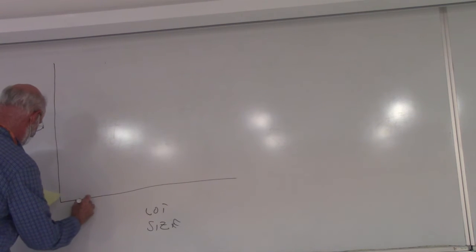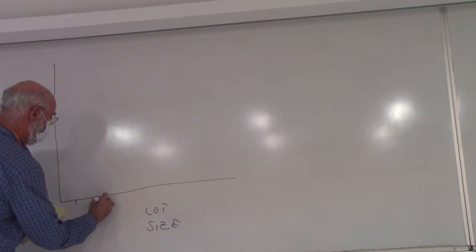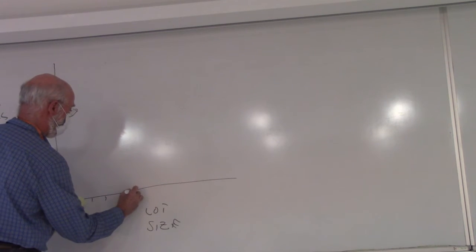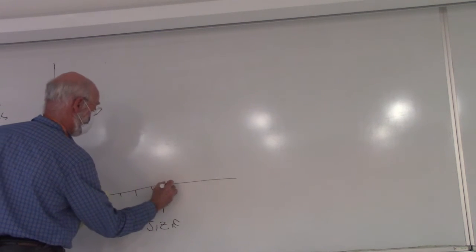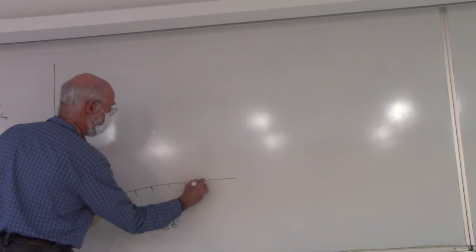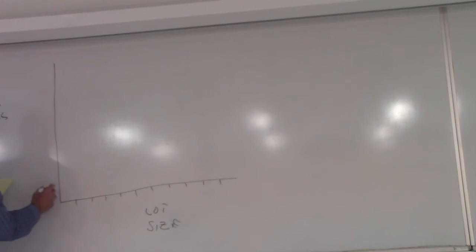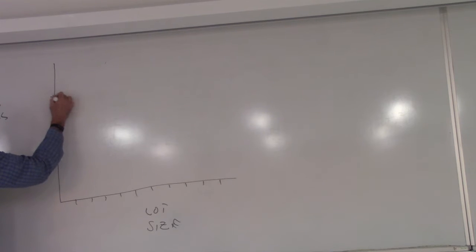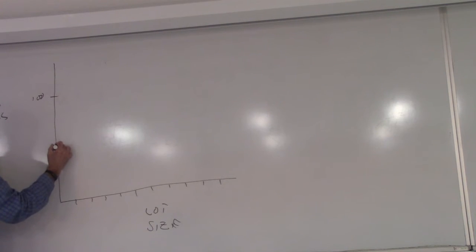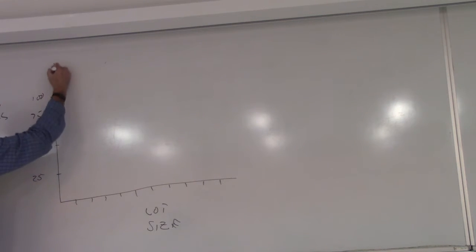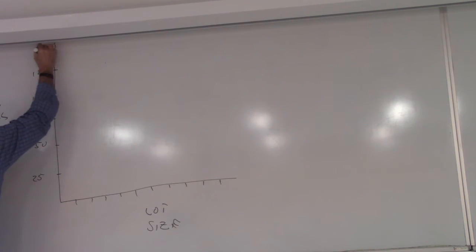So we're going to have 10, 20, 30, 40, 50, 60, 70, 80, 90, 100, okay? And here, what do I go up to? I'm going to make that 100, make that 50, make that 25, 75, 125, and then 150.